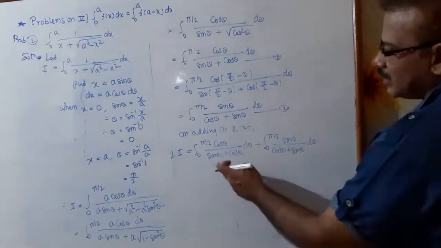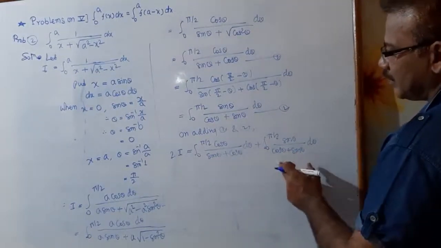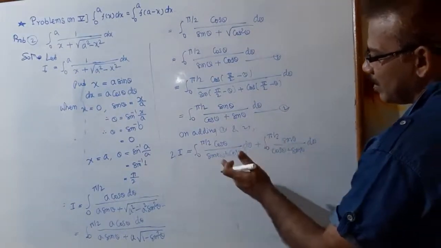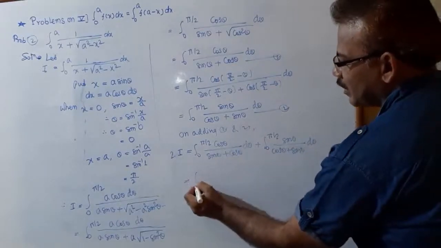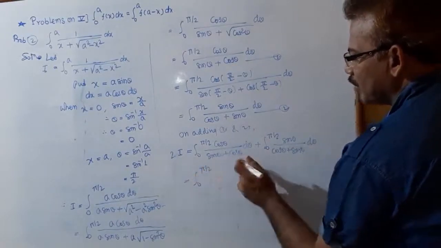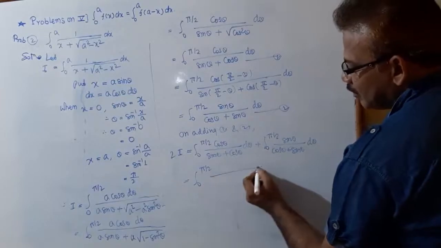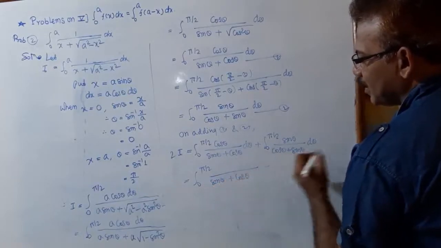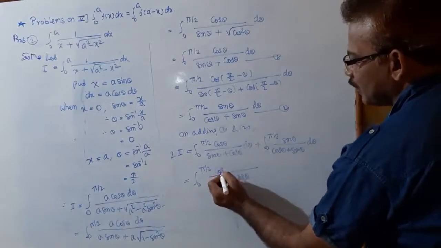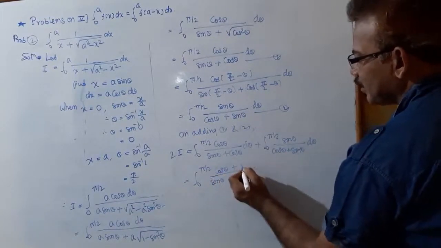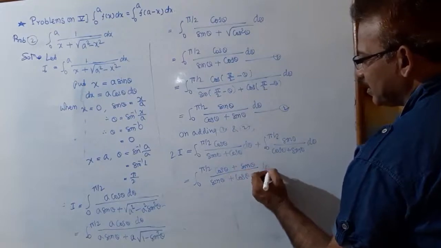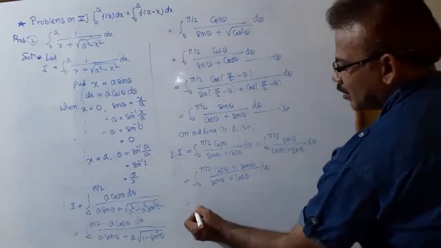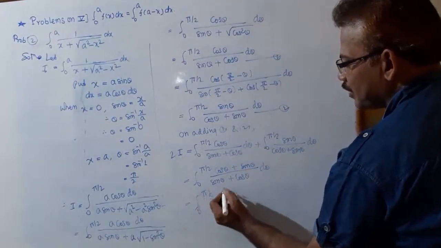The denominators are the same, sin theta plus cos theta, so the LCM is sin theta plus cos theta, and the numerator becomes cos theta plus sin theta d theta. Numerator and denominator are the same.